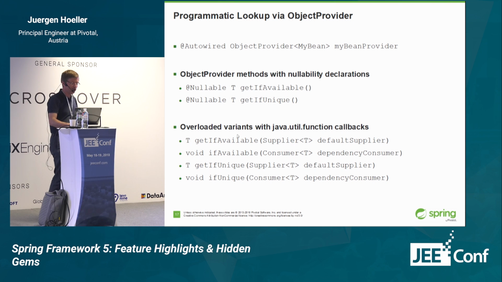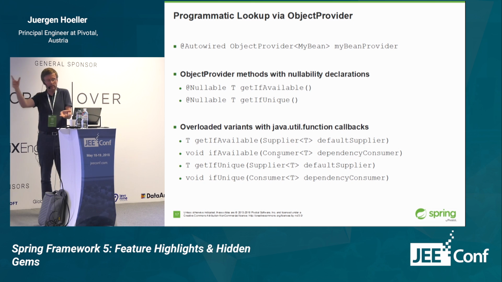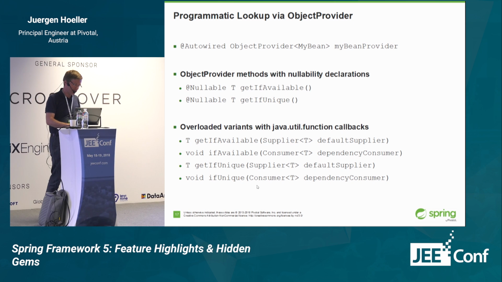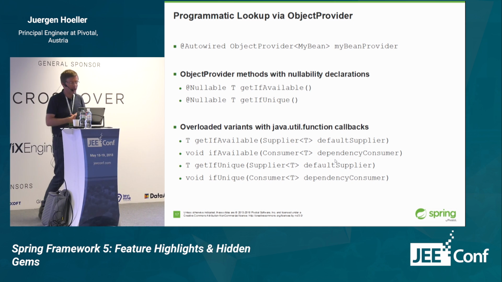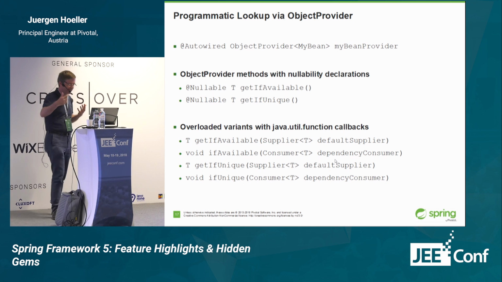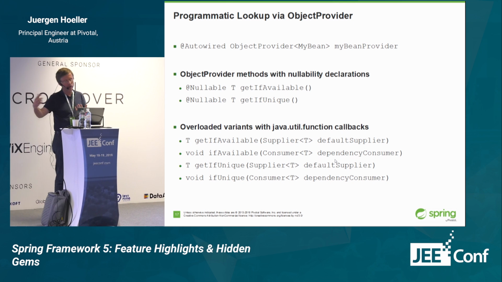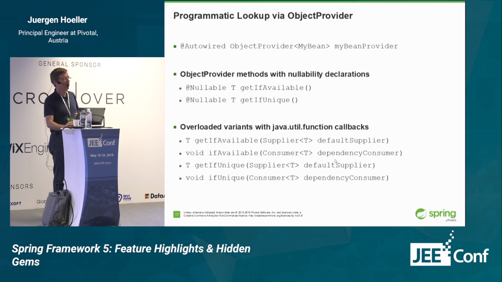Or even more functional, ifAvailable with a java.util.function.Consumer, right? If an instance of this other bean is available, call the consumer, otherwise skip that step. Those methods are new in 5.0, allowing you nicer programmatic, functionally styled ways of interacting with the dependency injection model.